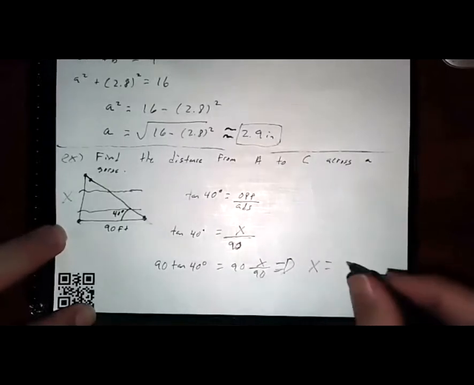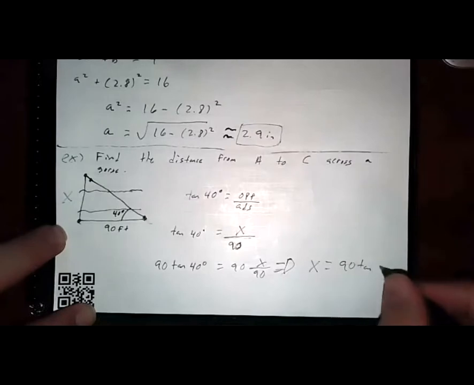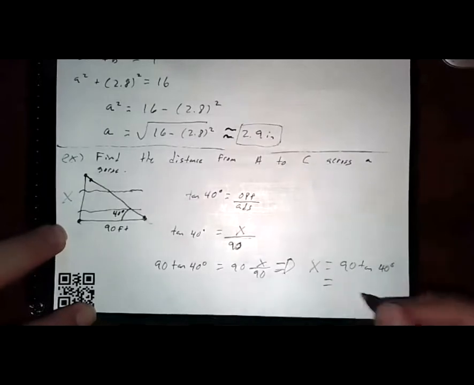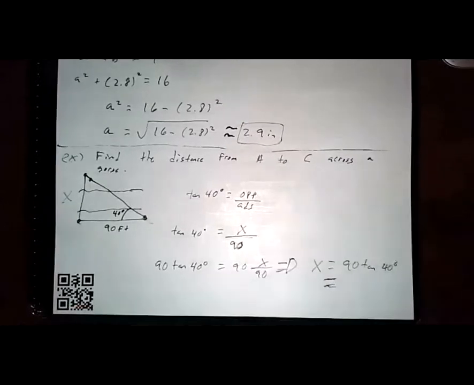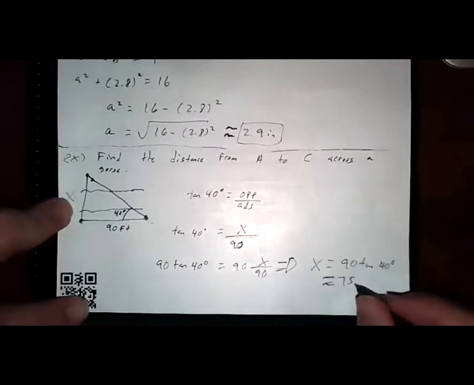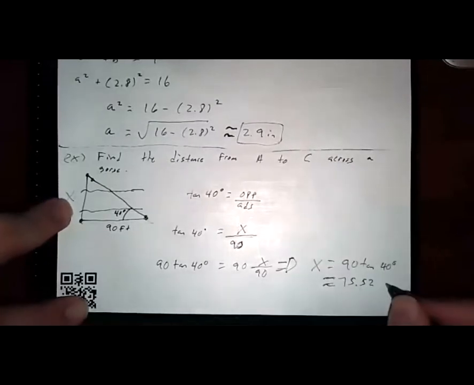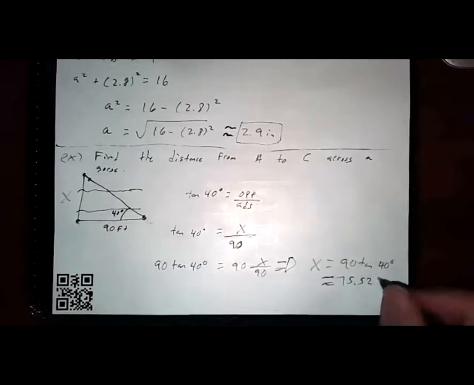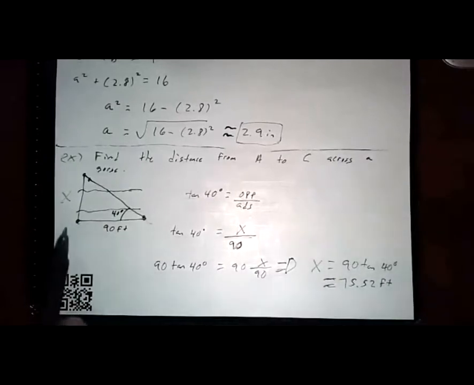X equals 90 tangent 40. So calculator time. I think it's about 75.52 approximately. Yeah, let's do this. Use this rounded to 75.52 sounds good. Feet. That's how far across this would be.